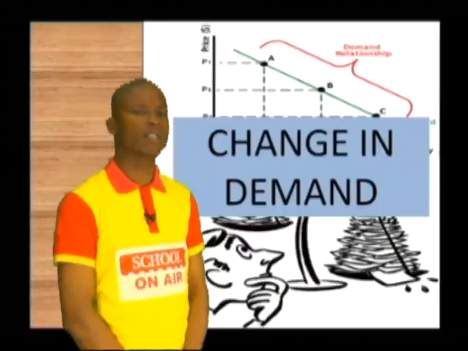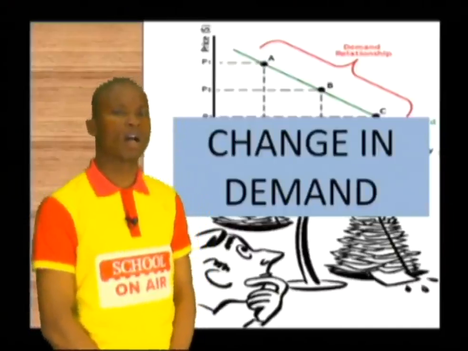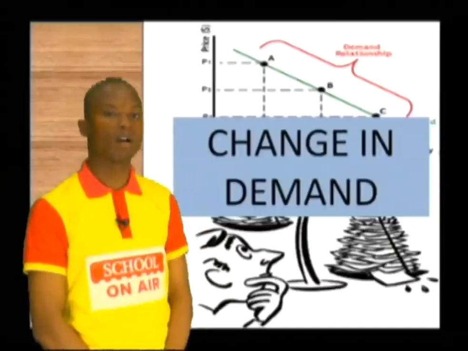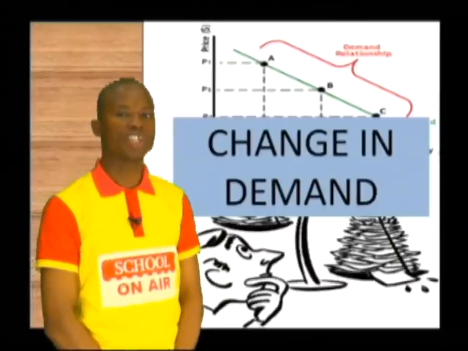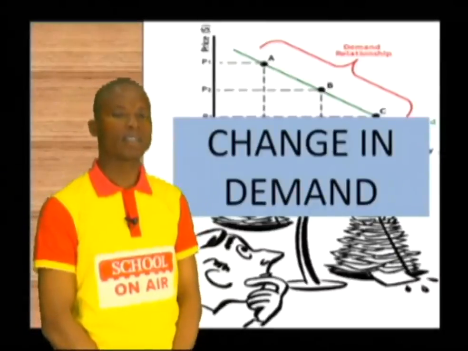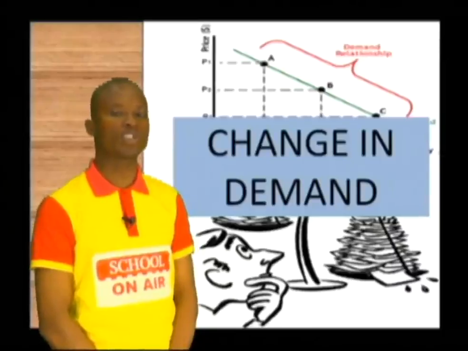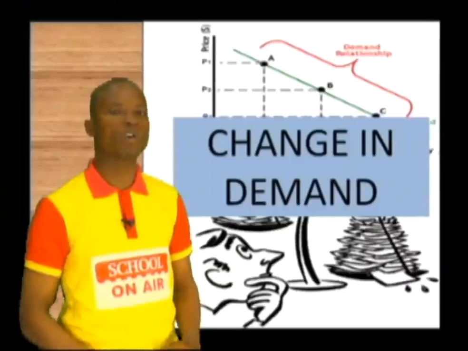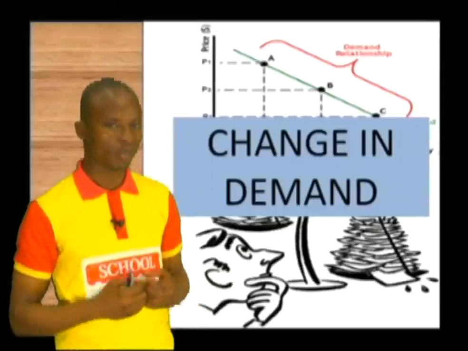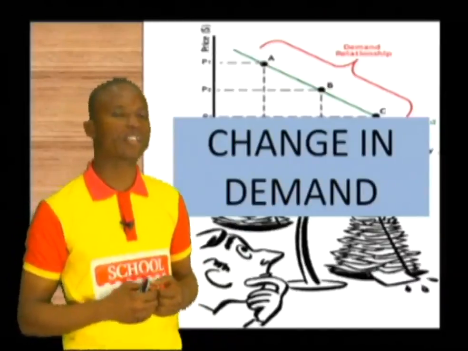In our last class, we discussed exceptional demand curves as well as change in quantity demanded. Under change in quantity demanded, we said it's a situation in which quantity demanded of a commodity changes as a result of a change in its price.